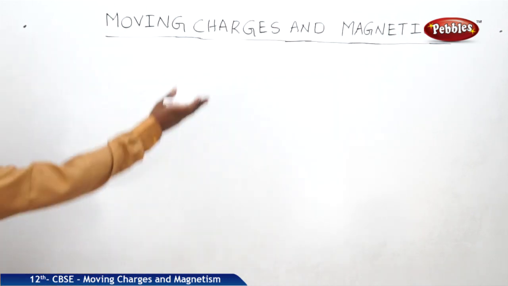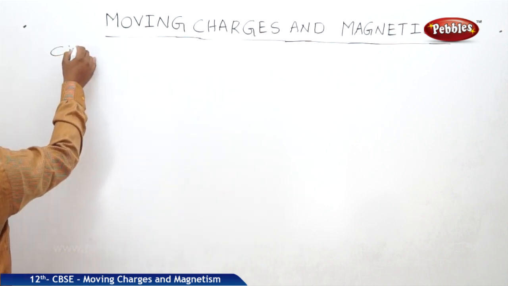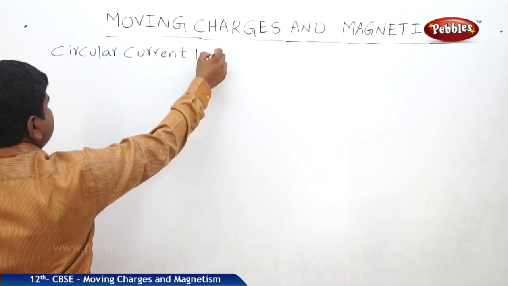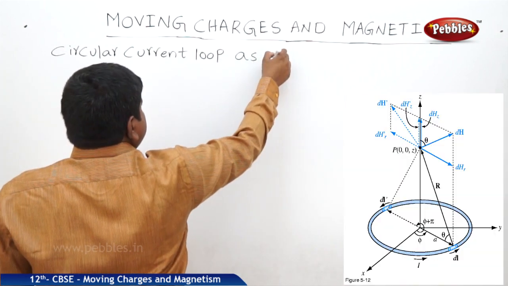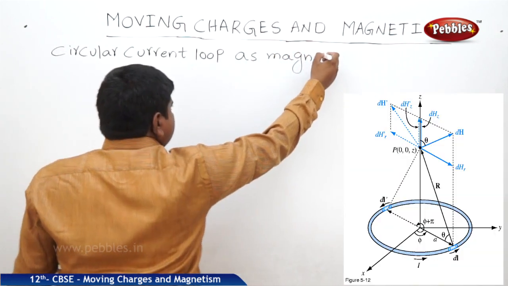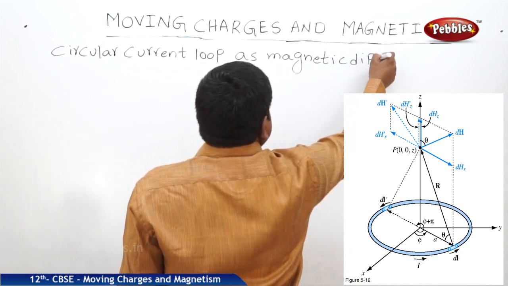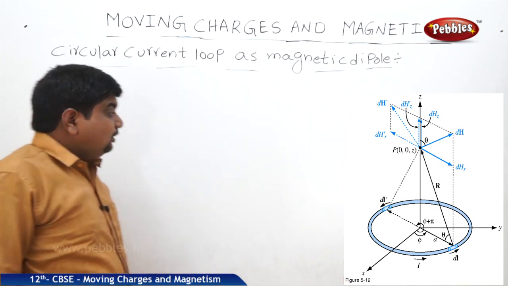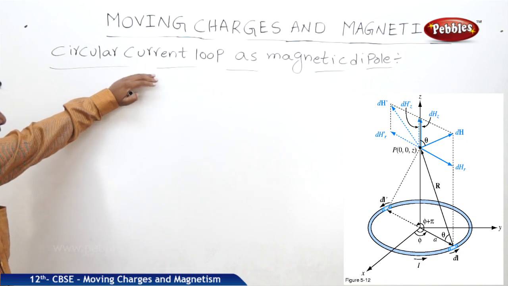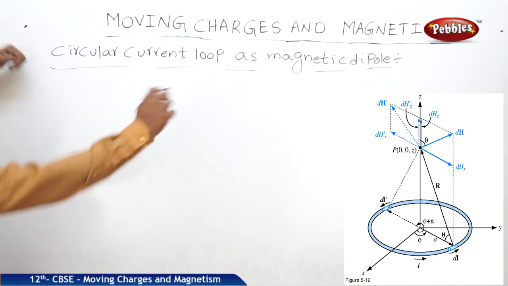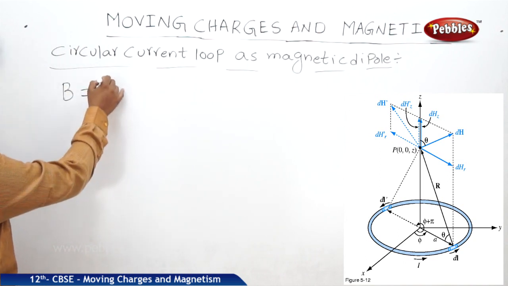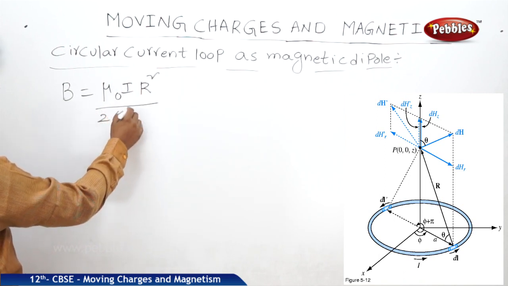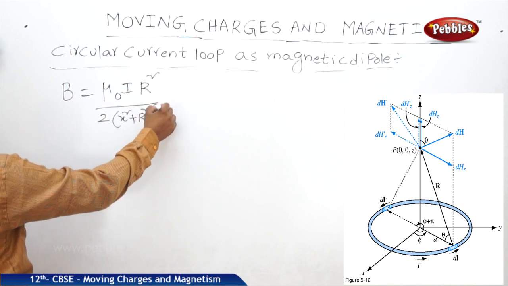Next concept is circular current loop as magnetic dipole. In the previous sections we discussed a circular current loop acting as a magnetic dipole, and the magnetic field with respect to the circular current loop is mu naught I r square by 2 into x square plus r square whole power 3 by 2.